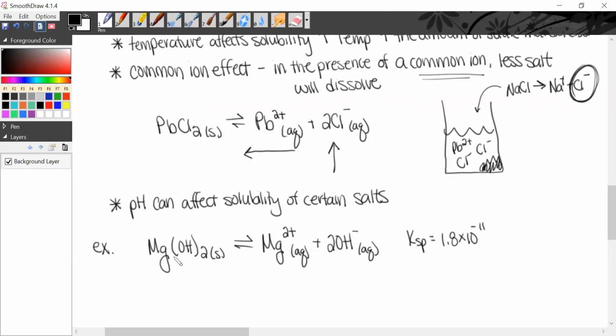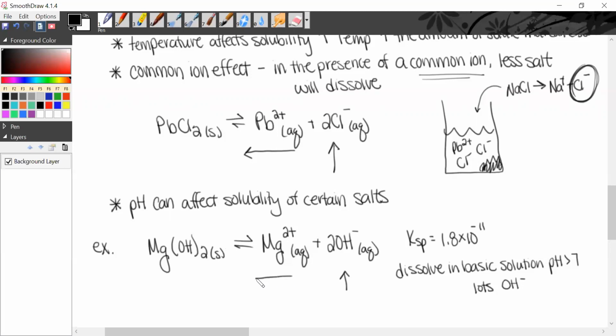If I were to try to dissolve this salt in a basic solution, so a pH greater than 7, that means I'm trying to dissolve this salt in a solution that already has lots of OH-.